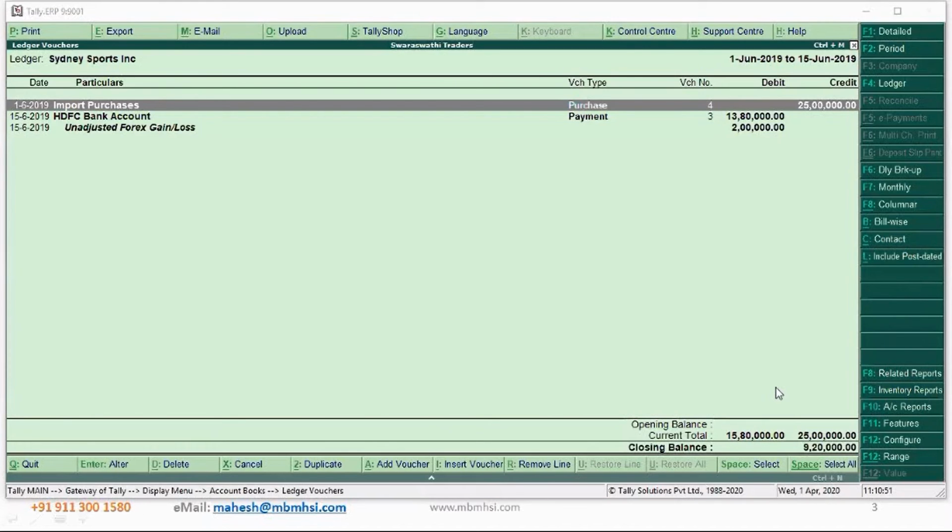Srinivas, this is not an actual loss. This is a notional loss which is automatically populated on your balance sheet, and it is indicating to you that you have to account for this. Assume that we don't make any payment till 31st of March. Still another 40,000 is pending. In that case, you have to account for the whole 1 lakh at 2 rupees loss. That is what it is showing you on this system.